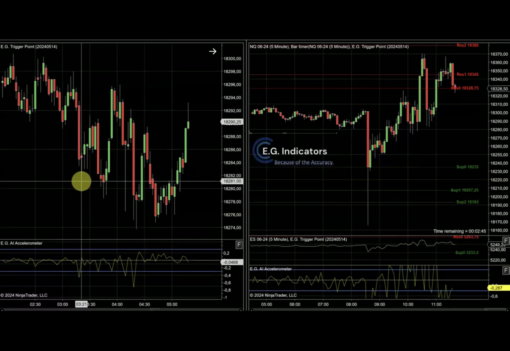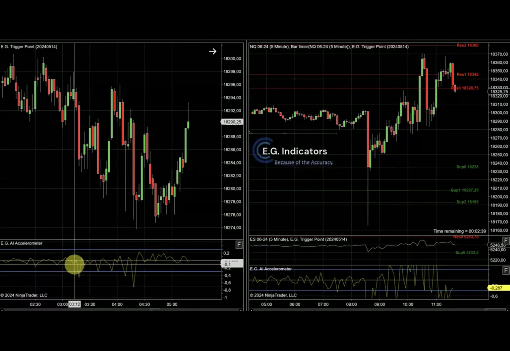The next candle is negative. It's also red. What can we see? The accelerometer came back to its thresholds.